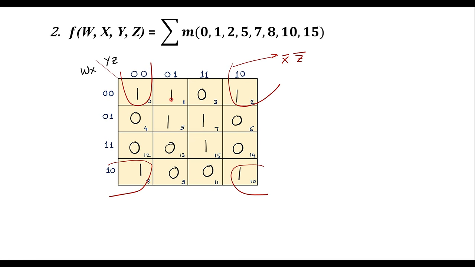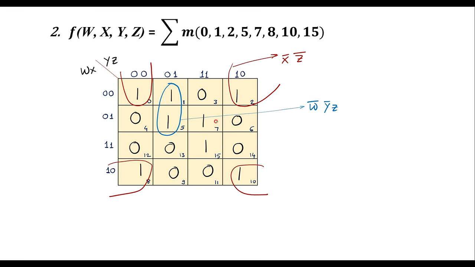Similarly, these two ones I can make a pair, and these two ones I can make a pair. It is between these two rows, common is 0, that is w bar, and y bar z.